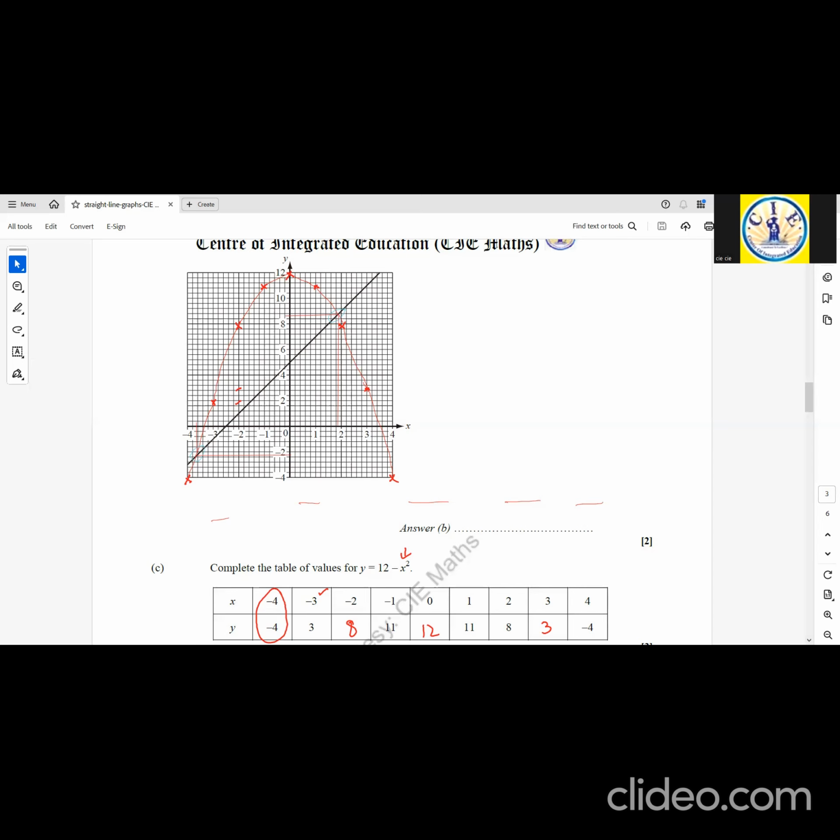The points are -3.8 and -2.7. This is -2.7 along the y, and along the axis is -3.8. So the point is -3.8, -2.7. And this point, the other one, is 1.8 and 8.7.